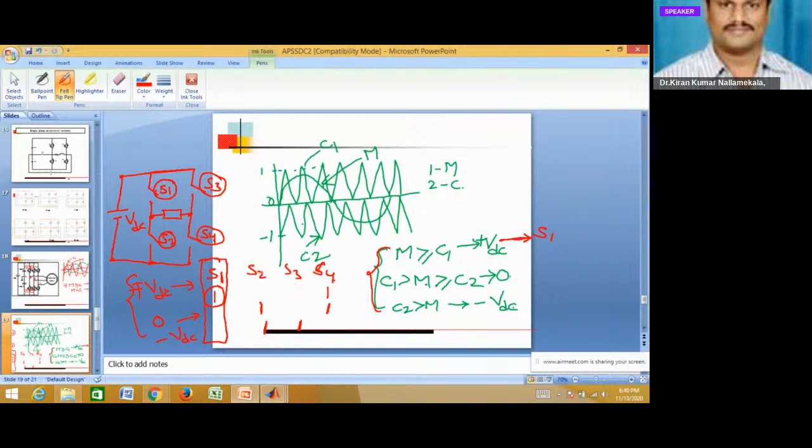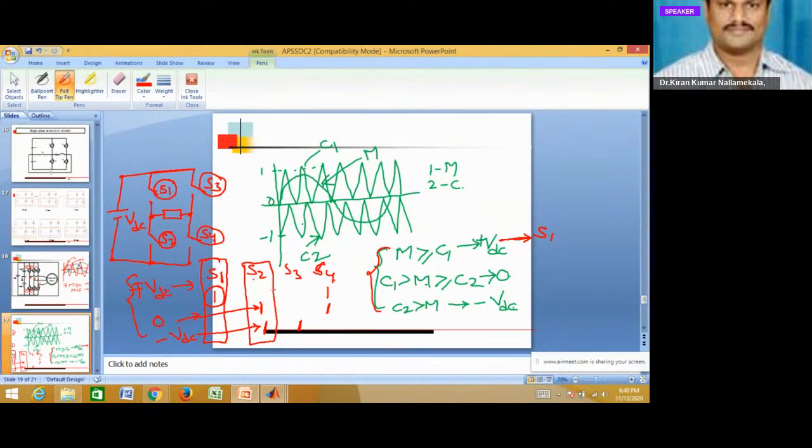Now see S2. S2 is switched during the 0 voltage level and also during the minus VDC voltage level. In both cases S2 is turned on.